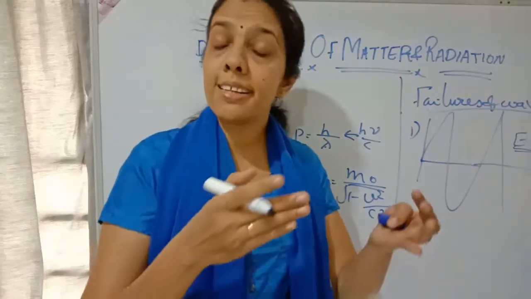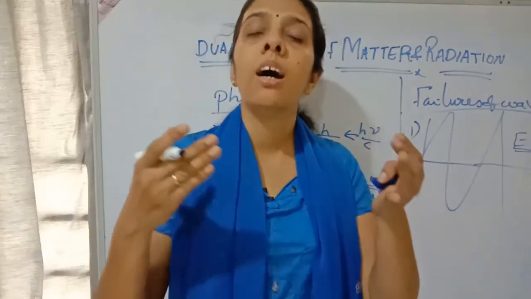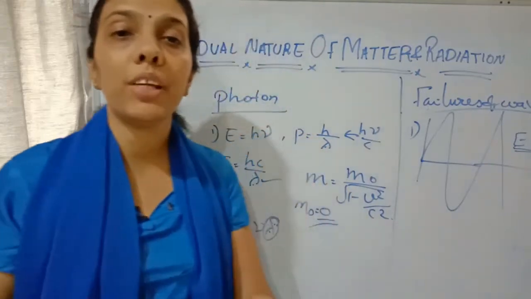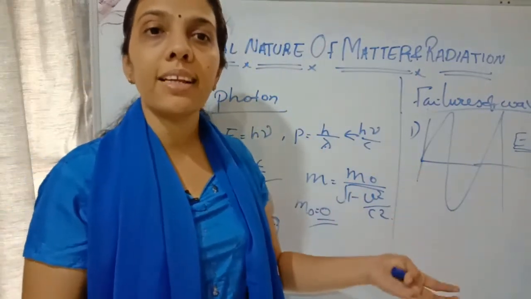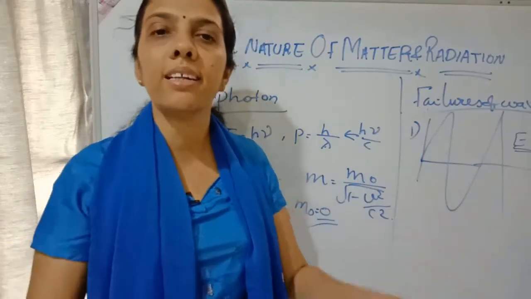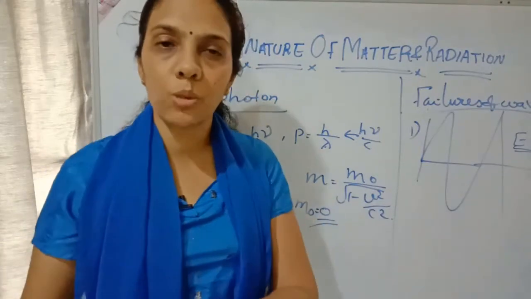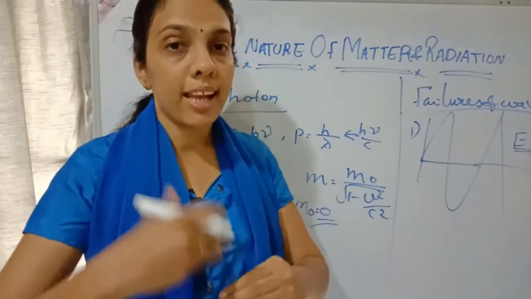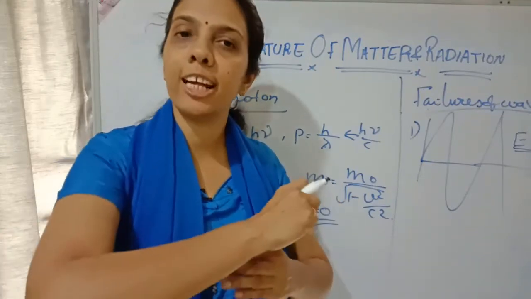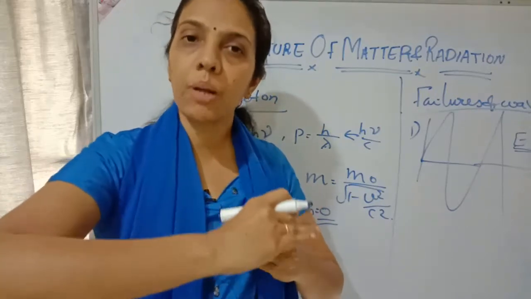No, it is not saying anything about the frequency, the threshold frequency. It only says that as the intensity increases, energy increases, so the electrons will come out, and after coming out from the metal surface, the electron moves from one end to the other.